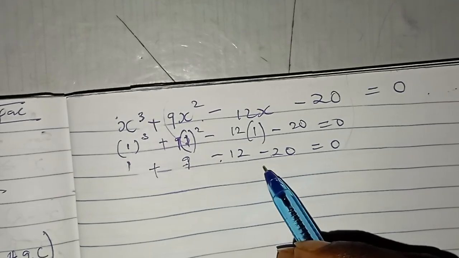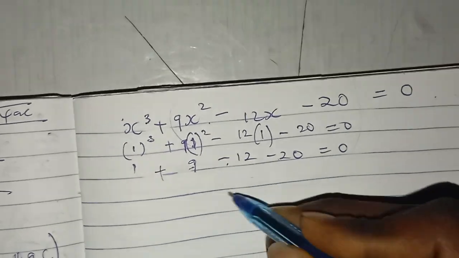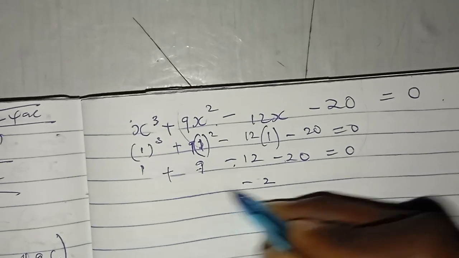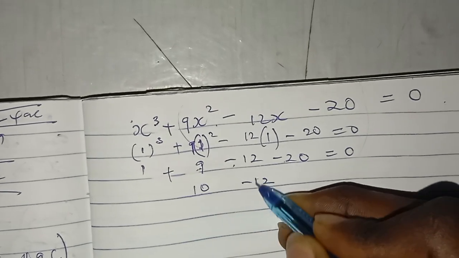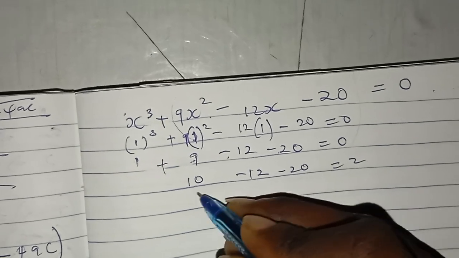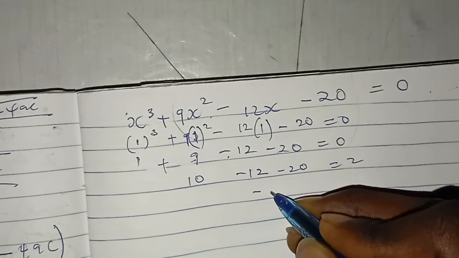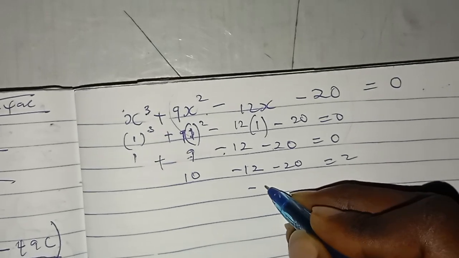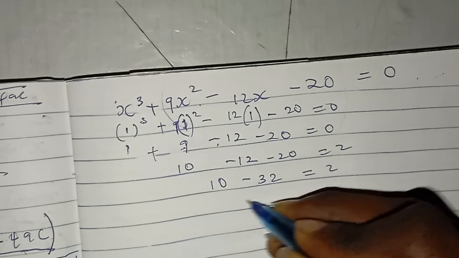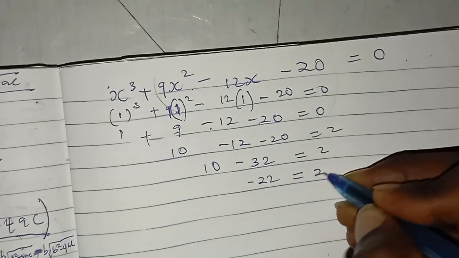Then minus 20 is going to give me minus 22.